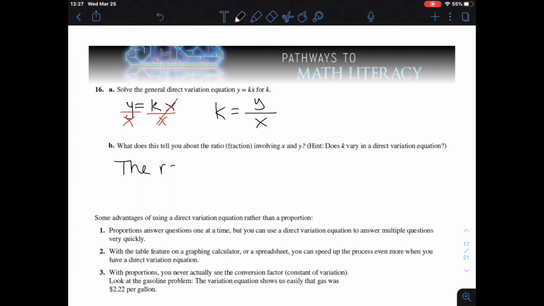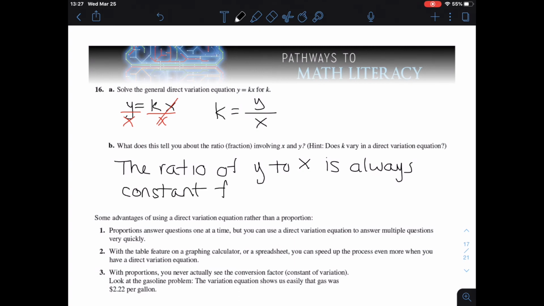So the ratio of y to x is always constant for direct variation, because the idea is y and x are arbitrary. This is always going to be a fixed constant between these two.